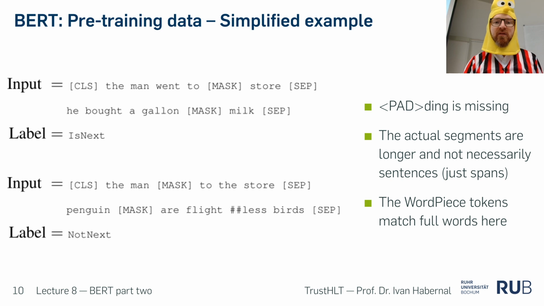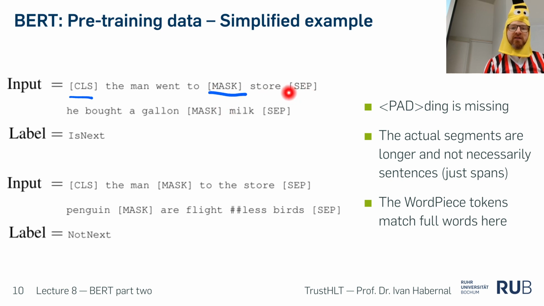So here's an example of a very simplified pre-training example. We have the input, which starts with the special token CLS. The man went to, then we mask the word store, and there's a separator. He bought a gallon of milk, and separator. So what could the masked word be here?